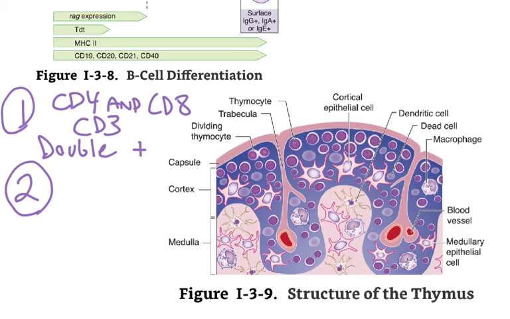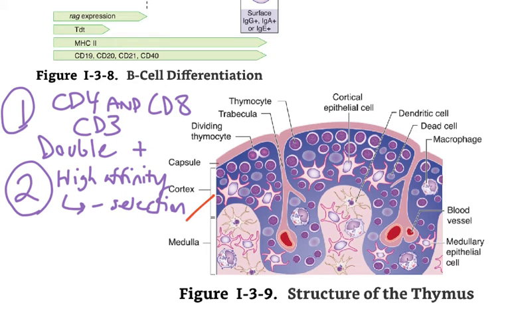So if these cells have high affinity, that means that they like the MHC complex, which is good, but they also like the antigen, which is bad. So these cells are going to undergo negative selection, and that is going to tell them that they need to apoptose and die.